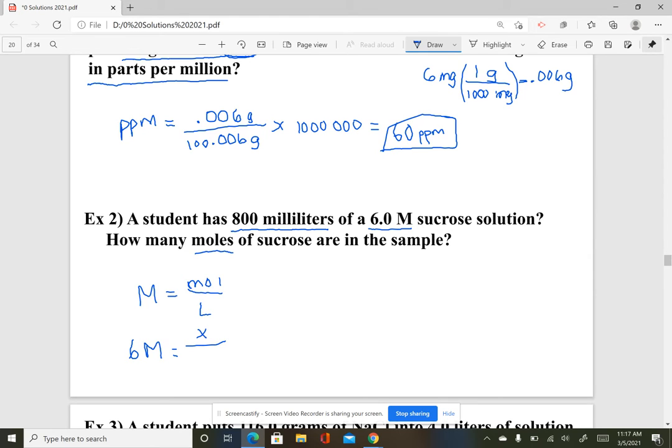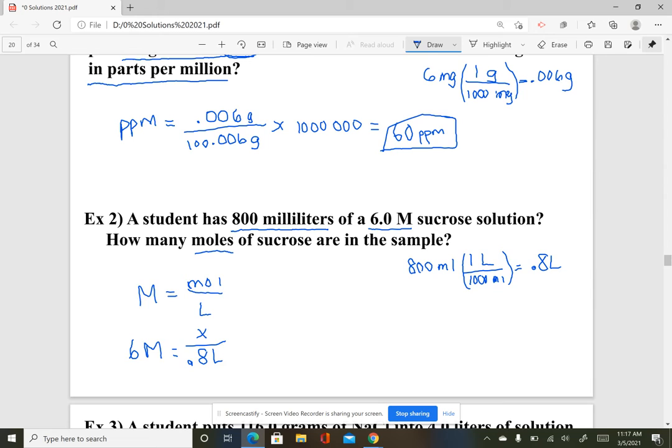And for 800 milliliters, I'm going to do this over to the side. I know that in 1 liter, I have 1,000 milliliters. So I'm dividing this by 1,000, and I'm going to get 0.8 as my liters. So now I can plug that in here.